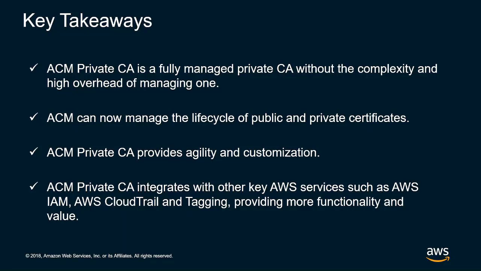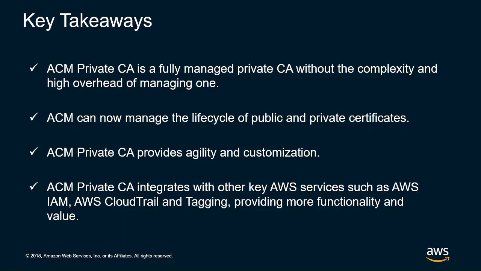It gives you agility. It gives developers a way to automate certificate management, as well as the ability to customize certificates for cases where you want custom subject names or custom validity periods.